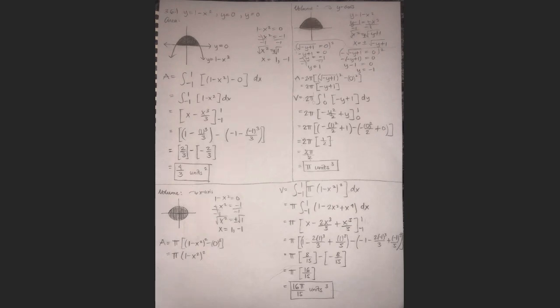So it will be the integral of 1 minus x squared minus 0 from -1 to 1 dx. Then I found the antiderivative of 1 minus x squared using the power rule for integration, and evaluated that from -1 to 1, and I found the area to be 4/3 units squared.